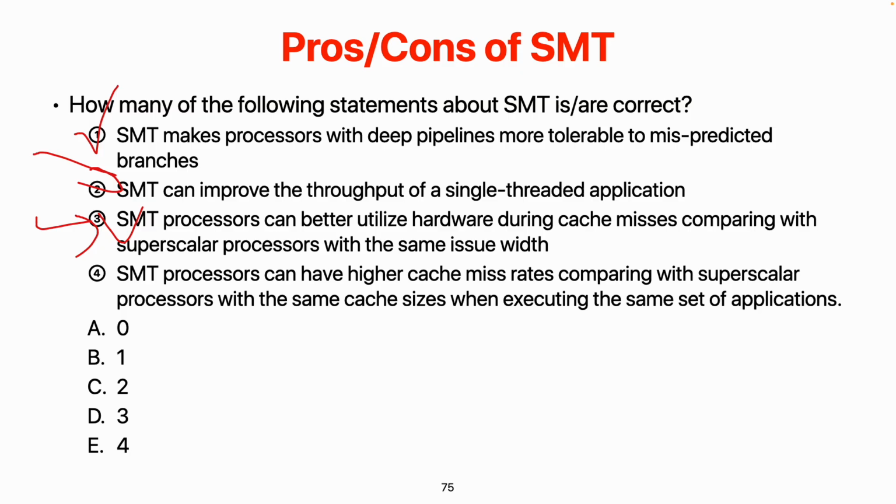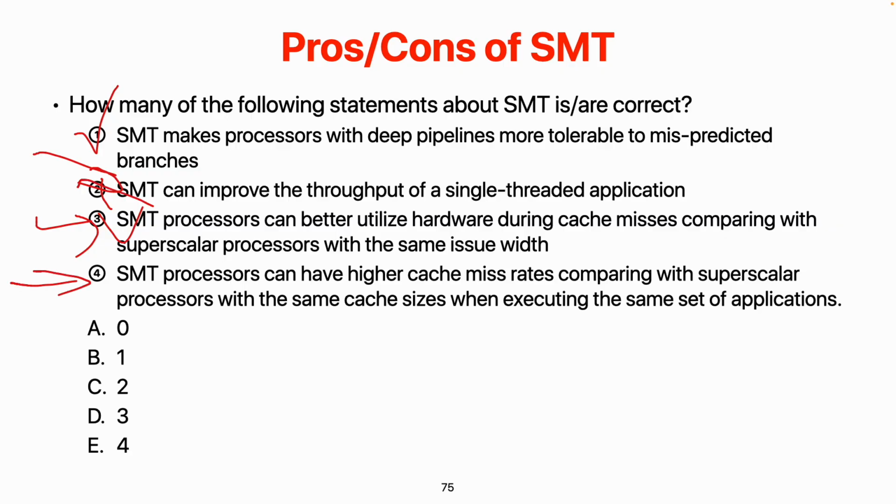Because you have to wait for a specific machine, specific space, specific equipment, right? So if you have more threads sharing the same hardware, it's actually hurting your single thread performance because right now you have to wait for the functional units more often, right? So the second one is actually false.